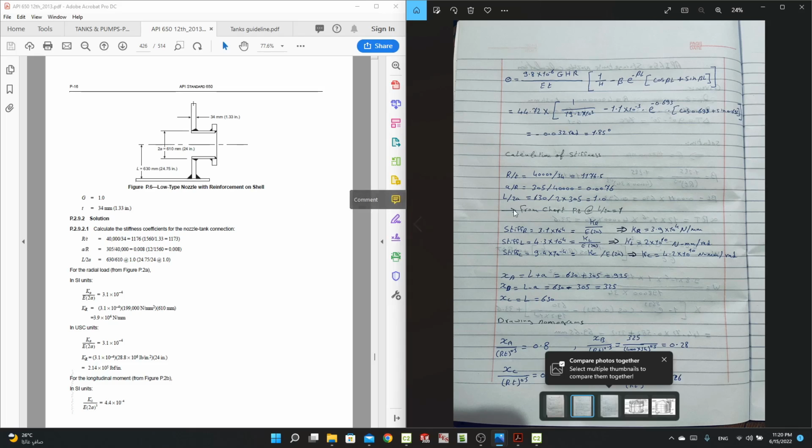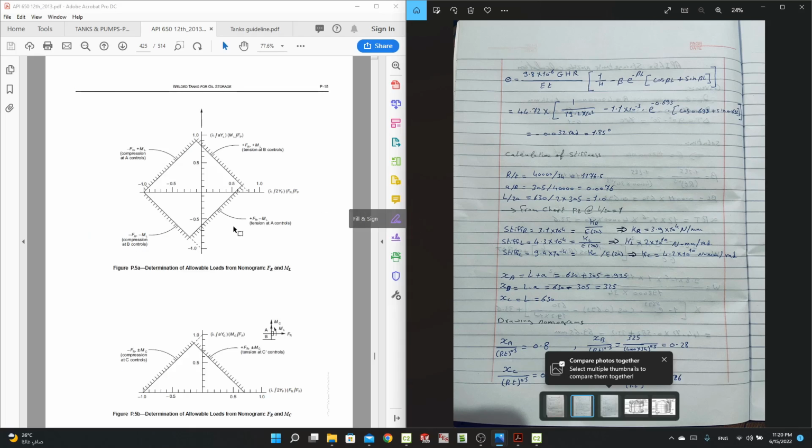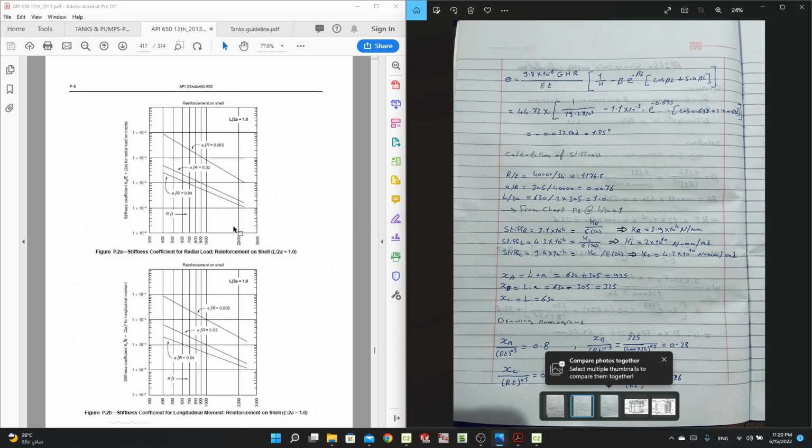What we will do, we will take this data to get the stiffness. How can we get it? We will take L divided by 2A and go to this chart in B2, and we will check the L over 2A. Our L over 2A here is 1, so we will use this chart.